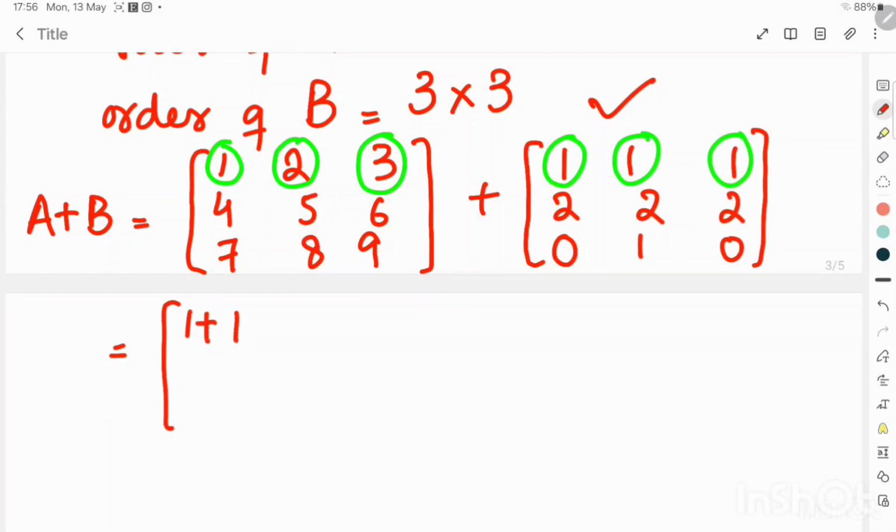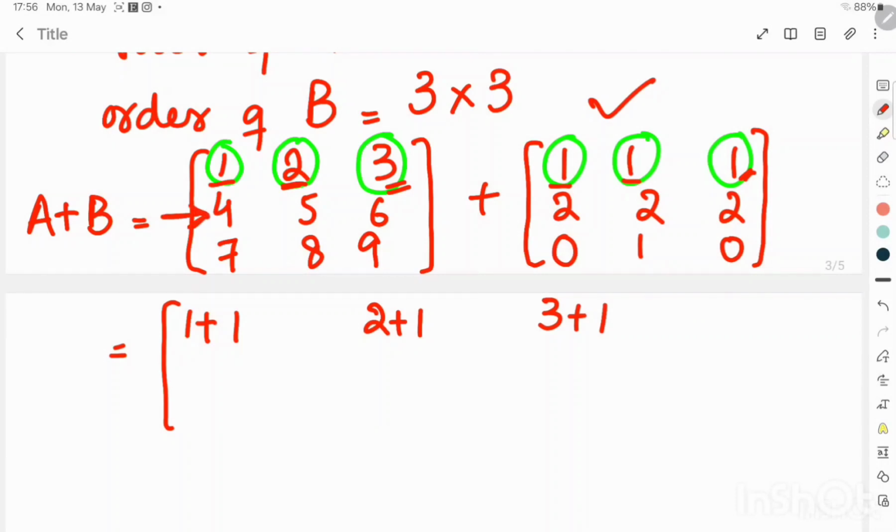So here I will write 1 plus 1. The first element will be added. Now the second number will be added, that is 2 plus 1. Then there will be the turn of the third element. So here the third element is 3 and here the third element is 1. So 3 plus 1. Now come to the second row.